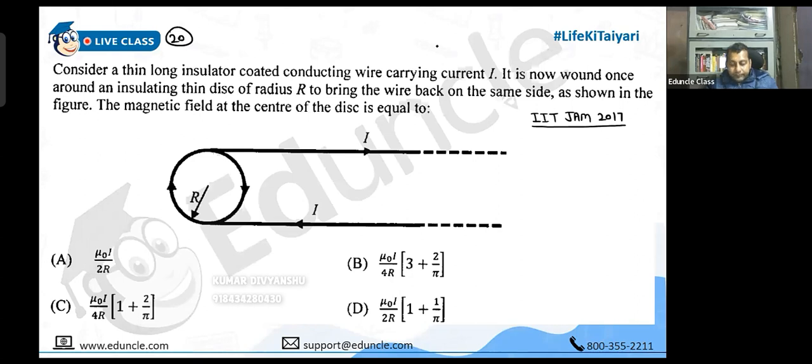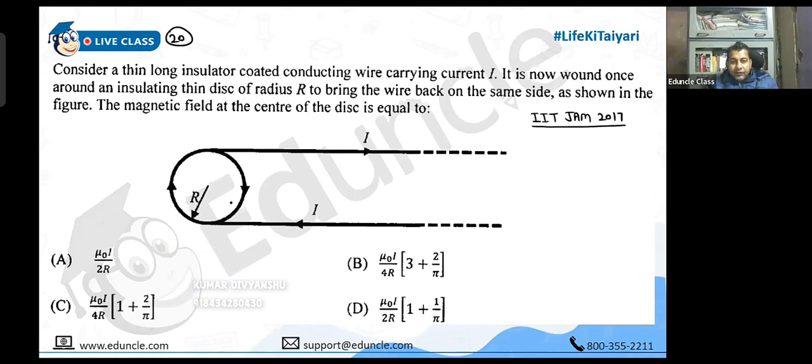See, it is wound like this. Then another one.